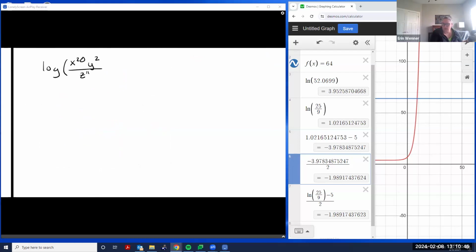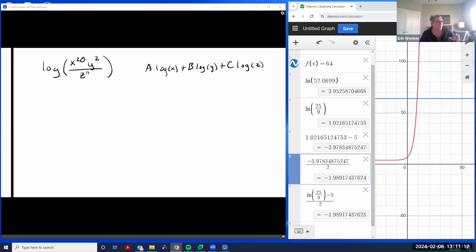And they said, I want you to write it in a log x plus b log of y plus c log of z, right? They wanted you to write it in that format. And so what that's asking us to do is use all of our identities together, okay?